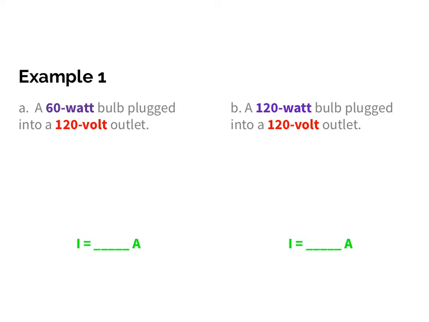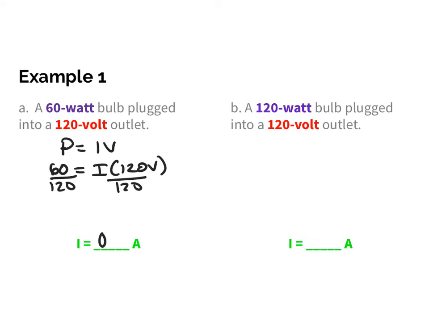To find the current, I'm going to use the relationship power equals current times voltage, P equals IV. I know that the power is 60 watts, the current is what I'm solving for, and my voltage is 120 volts. To solve for current, I divide by 120 on both sides, and that gives me a current of 0.5 amps.